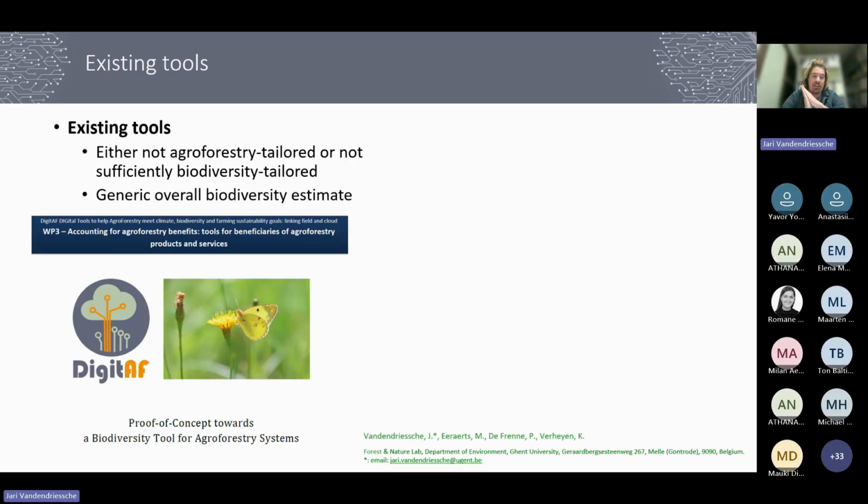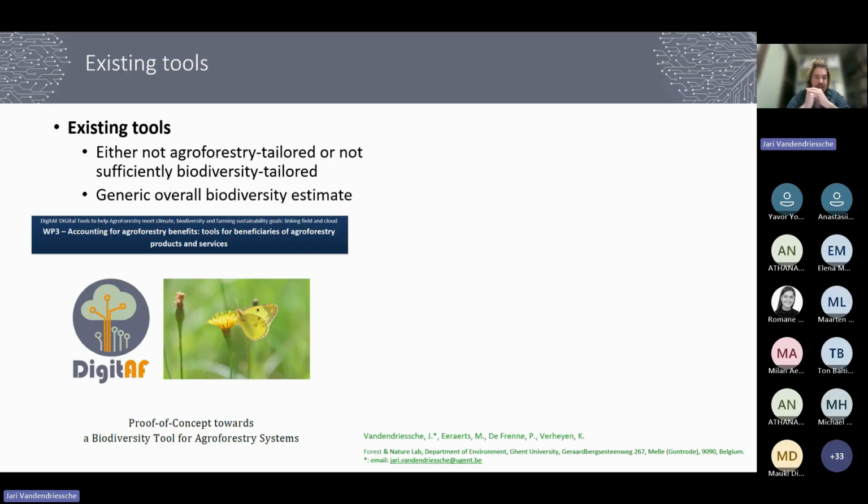At first, we had a look at what tools already existed and whether they were suited to agroforestry and biodiversity, especially in a really diverse way. Our primary conclusions were that existing tools were not really agroforestry tailored. Some tools incorporated the presence of trees or shrubs, but not in an agroforestry implementation.